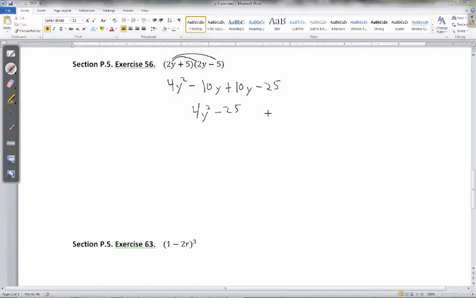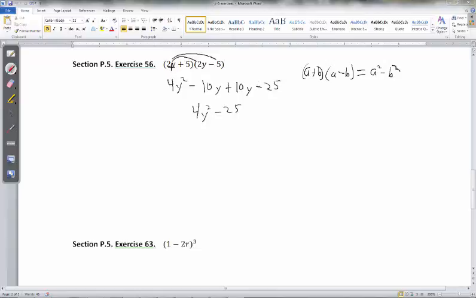This actually leads to a very famous multiplication or factoring formula, which says if you have a plus b times a minus b, that is always just going to equal a squared minus b squared. So if you have the same terms added and subtracted in different binomials, you can just skip to the end.